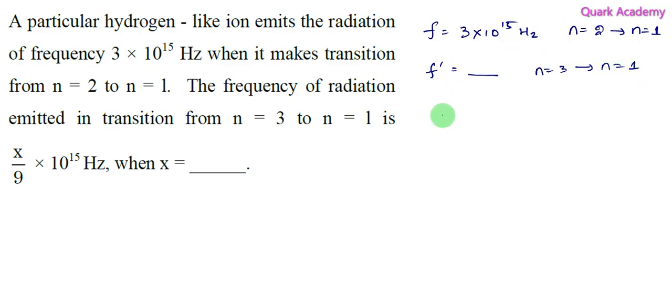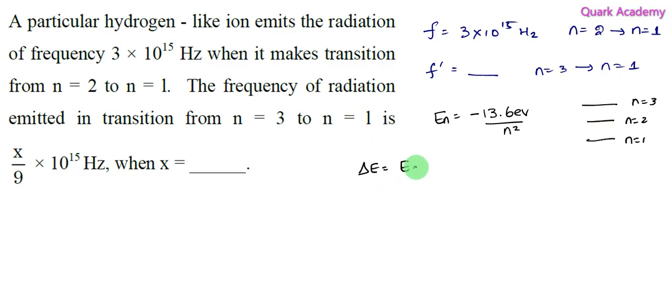Now we should know how to write the energy level of a hydrogen atom. It can be written as negative 13.6 electron volt divided by n squared, where n is the orbit number. When there is a transition between the energy levels, say between 1, 2, 3, the ion will emit radiation equal to the change in energy. Change in energy is final energy minus initial energy.